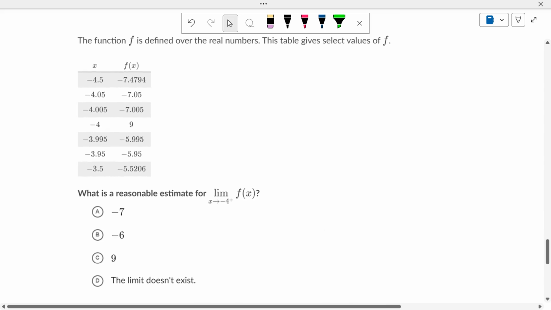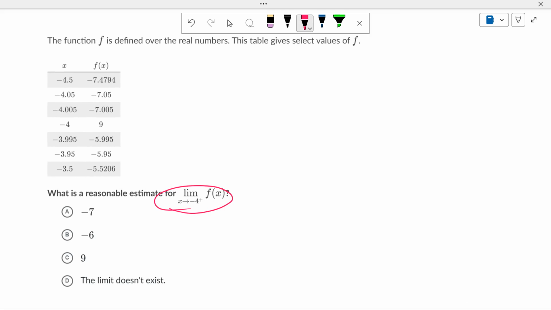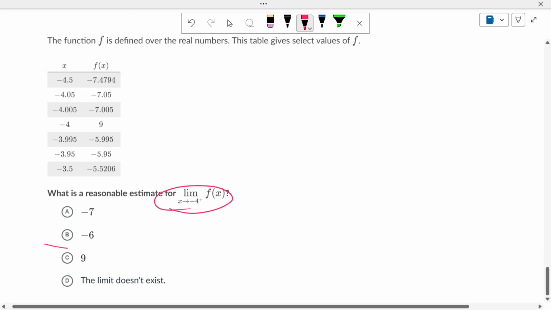All right. This one. As we're going towards -4 from the right, which one is from the right? The upper part or the bottom part? From the right. The upper part or the bottom part? Bottom part. Okay? So where are we heading close to? -6.